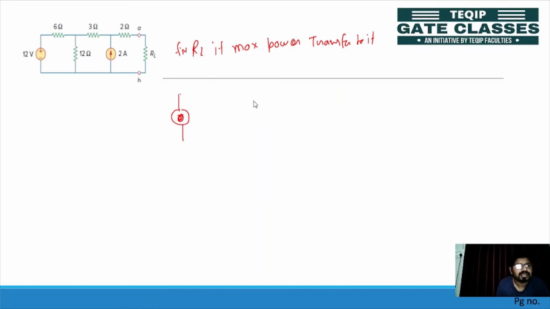To calculate RTH, we turn off the independent sources and find RTH at that terminal. This current source will be open, 2 ohm, and this is your terminal A, terminal B. Open circuit your load. This is 2, this is 3, this is 12, this is 6.